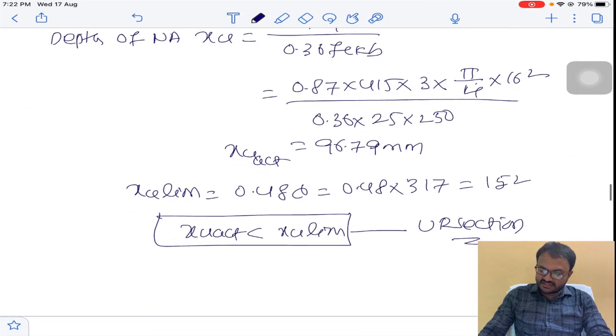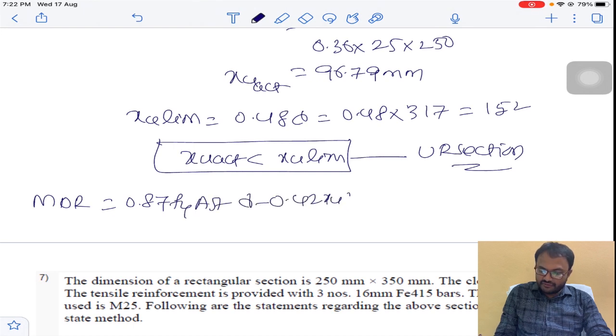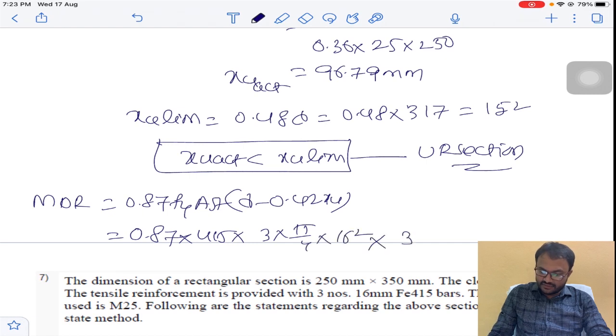And the moment of resistance of the section is, so now moment of resistance of section is equal to 0.87 fy AST into d minus 0.42 XU. Clear? So that is 0.87 fy is 415. AST is 3 into pi by 4, 16 square into d is 317 minus 0.42 into XU.